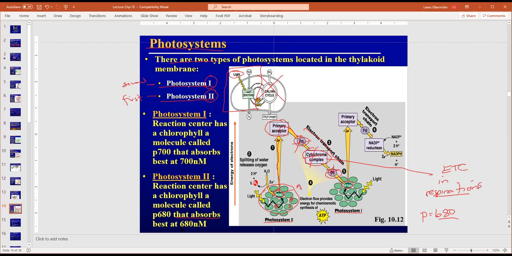The 680 is where it's best at absorbing that wavelength of light. So P680 absorbs light best at 680 nanometers. So can you guess what P700 is? P700 is best at absorbing light at 700 nanometers.